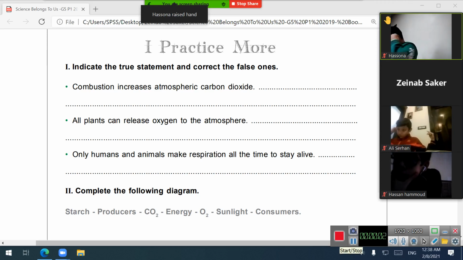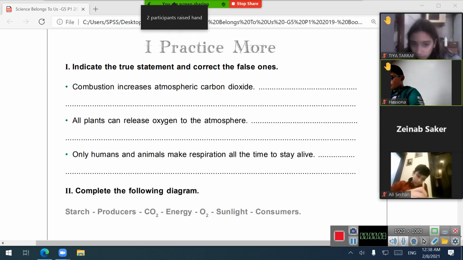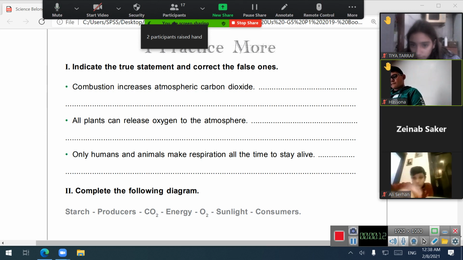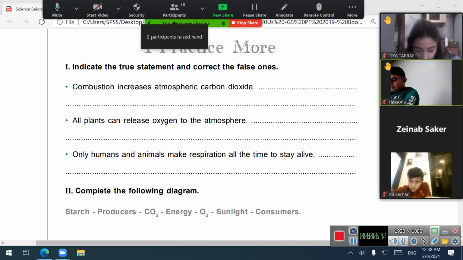So, good morning again. In this session we are going to check our understanding about the carbon-oxygen cycle. As we know before, the carbon cycle consists of three different processes: combustion, photosynthesis and respiration.